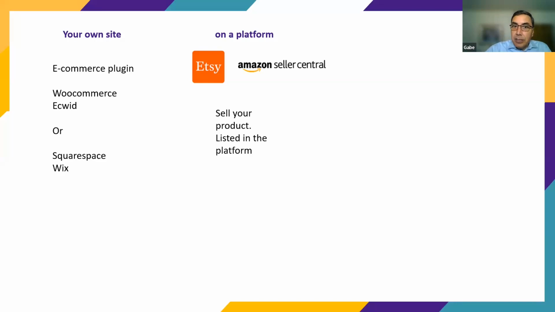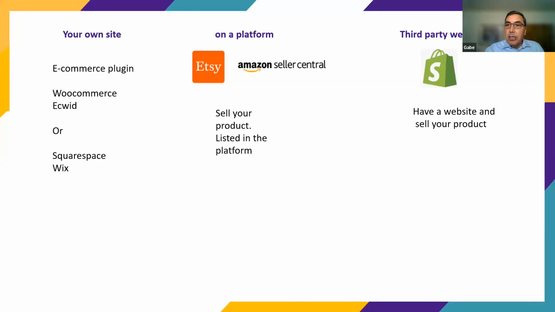There's a platform that sells your product. Or you can use a third-party website, and probably the third-party website more likely is something like Shopify. With Shopify, you can create your own website, and at the same time, you can sell your products. So the third-party website does these two together. So you can do your own site, you can use a platform, or you can use a third-party website.